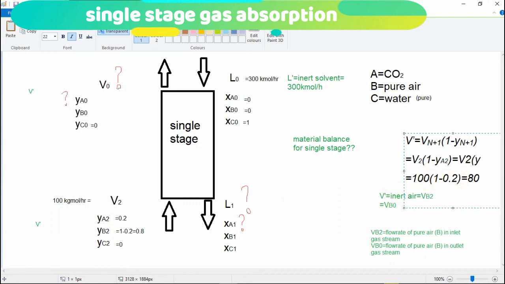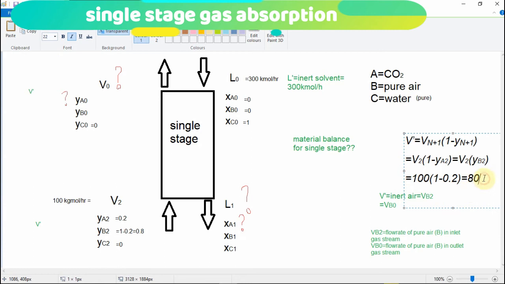It is also similar when you calculate for YB2. You will get the same answer. Okay, so this is how we calculate the V prime value.